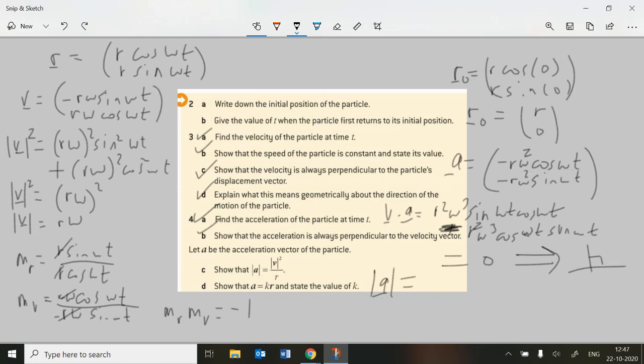So you'll end up getting r squared, r to the power of 4 there when you square this and this. So that's just using Pythagoras. And so that's your magnitude of A.